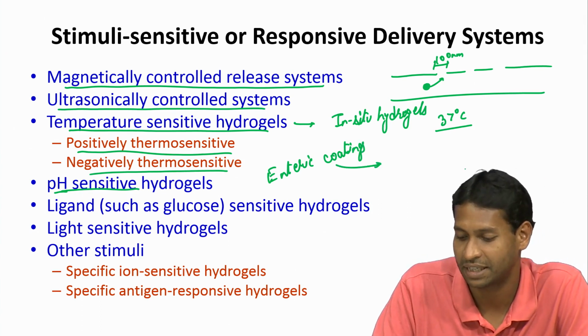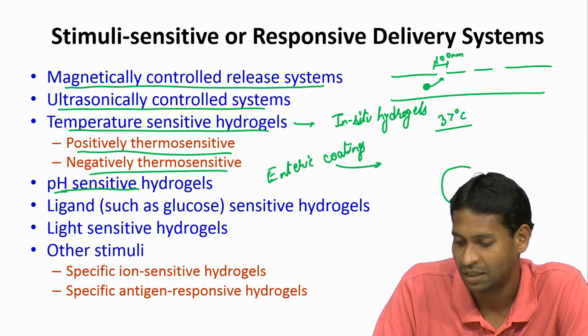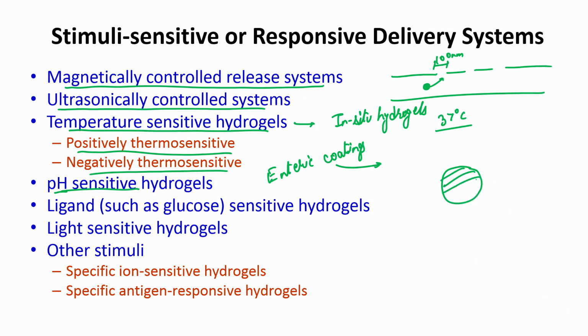These were coatings that, if you have a particle with a labile drug, and if you coat with these polymers that are high in COOH content, then at low pH these are insoluble, and that is going to protect your cargo, and when the pH increases they will become soluble. So these are enteric coatings. So this is something of a pH sensitive system.